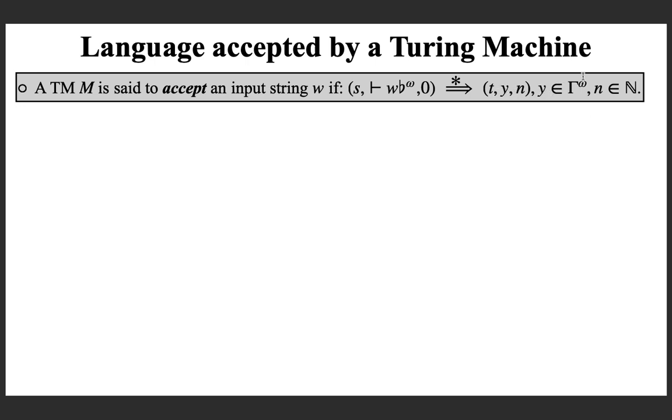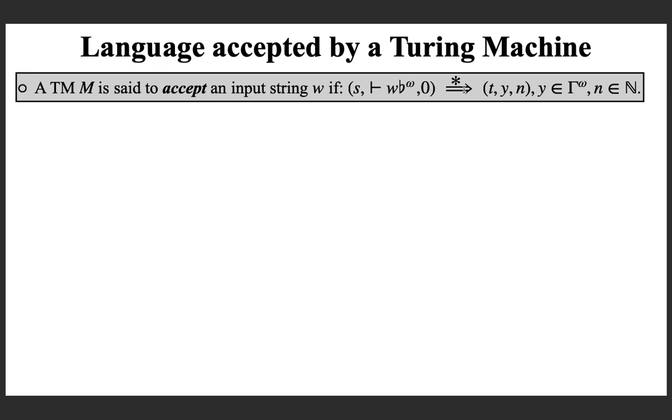Y can be any state content and n can be any position. So if you reach the accept state during the computation of W, then you can say that W is accepted, and note that T is a sink state, in the sense that once you reach T, the machine has to remain in T forever. Hope you remember that. So that is acceptance.